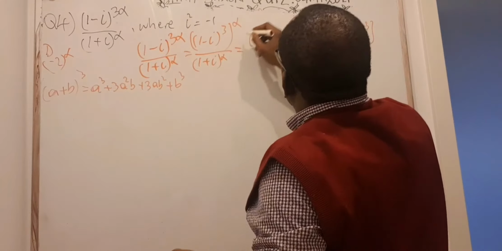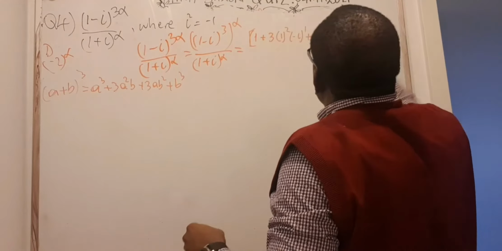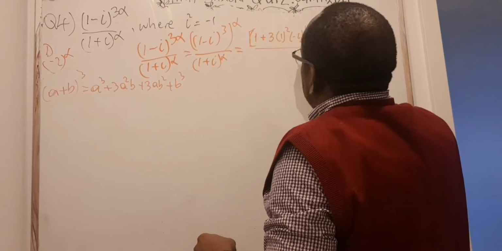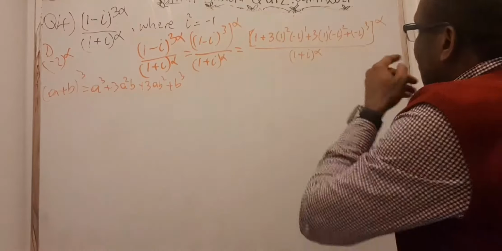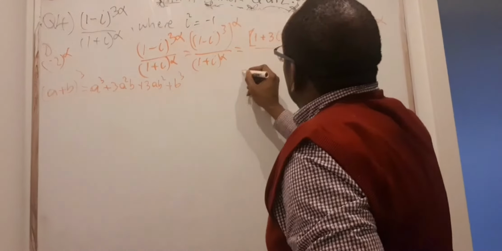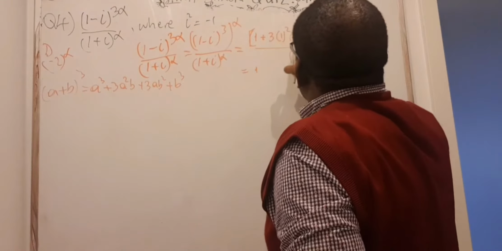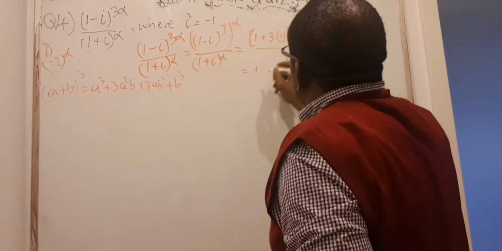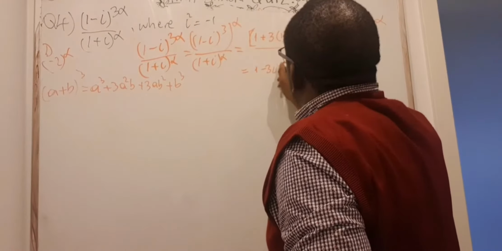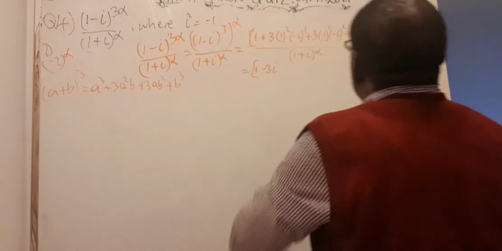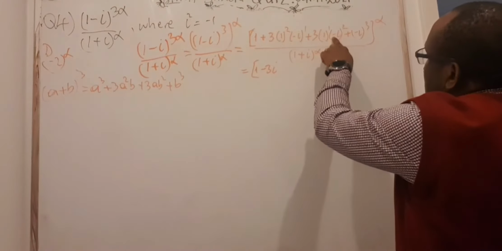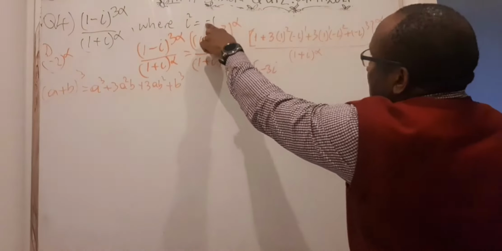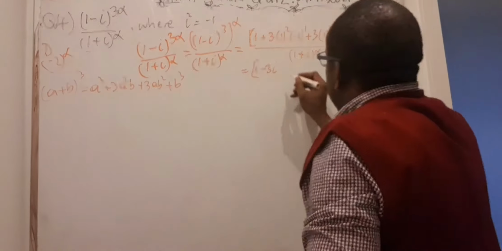All this to the power alpha divided by (1 plus i) to the power alpha. Let's arrange that well. If we look properly there, I have 1. This is just minus i. 1 squared is 1. That's going to give me minus 3i there. This here, minus i squared is plus... but i squared is minus 1. And this becomes minus 3.